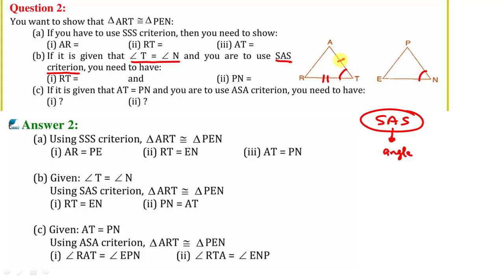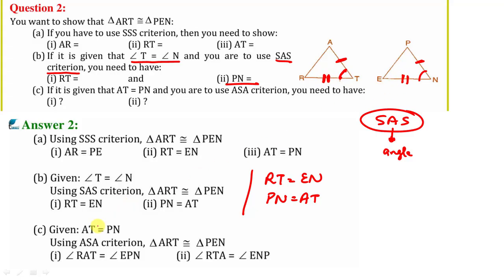So we have to know the value of RT. It is clear that RT is equal to EN, and the value of PN is equal to 80.